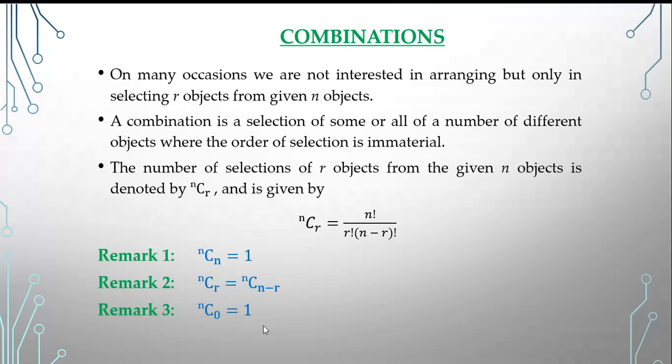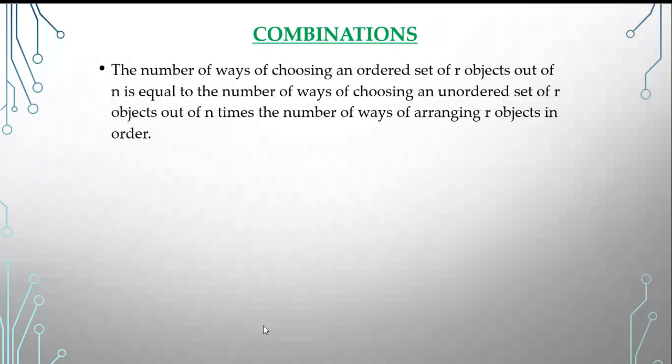Next, now we can form the relation between permutation and combination. How? Let's see here. The number of ways of choosing an ordered set of r objects out of n is equal to the number of ways of choosing an unordered set of r objects out of n times the number of ways of arranging r objects in order.